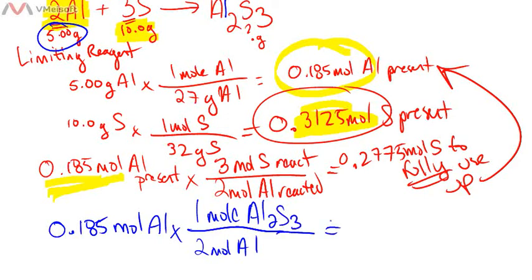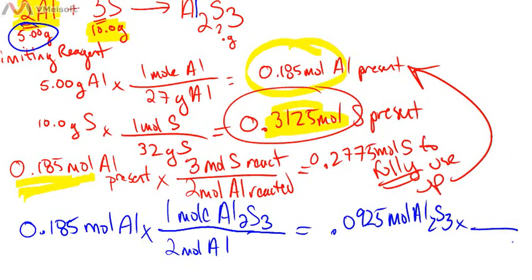So 0.185 divided by 2 should be 0.0925 moles aluminum sulfide. And now let's figure out how many grams of that it is. The formula weight should be 150. I may have messed that up. 150 grams aluminum sulfide, but you can do this.